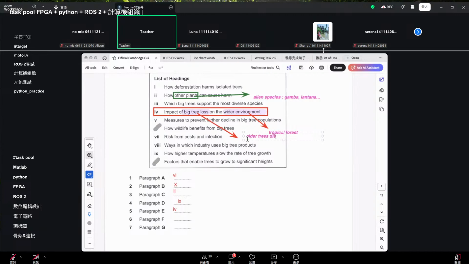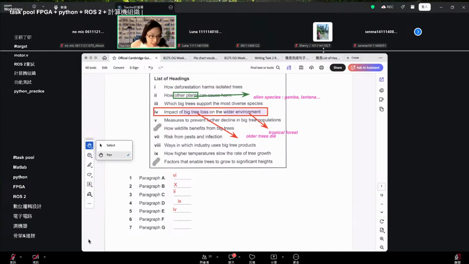They don't say exactly the same thing, but they will try to paraphrase that. You could see it very straightforward that they are not using exactly the same word. They try to rephrase. So we need to sharpen our skill for paraphrasing.